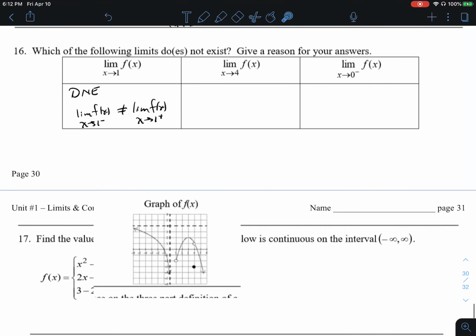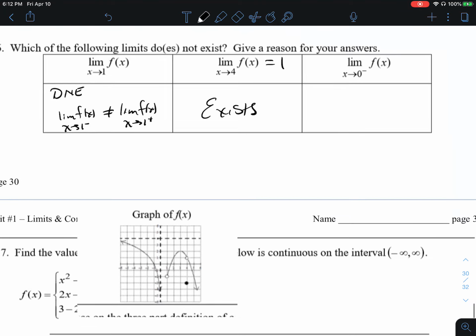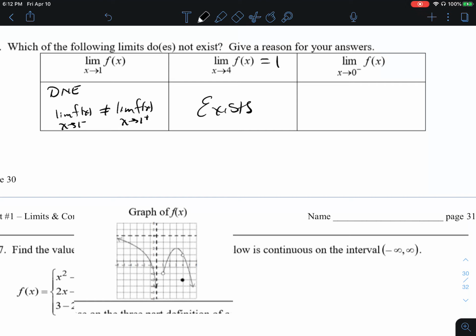How about as x approaches 4? Here's 4. They're both approaching the same number. So yeah, it exists. It's approaching 1. Which ones do not exist? Give a reason for your answer.